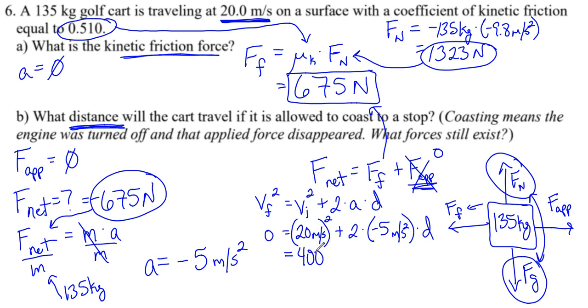Okay, so that's 400 meters squared per second squared, plus 2 times negative 5 is negative 10 meters per second squared, times distance.